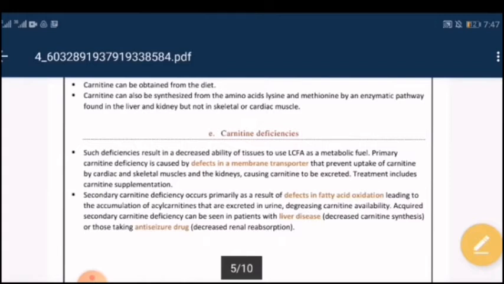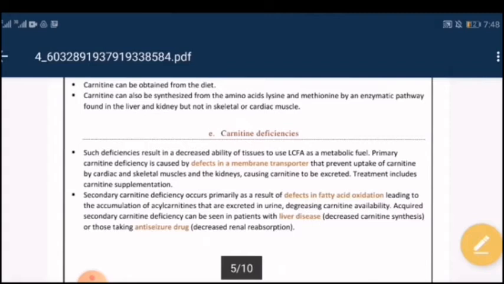Of course, the cell doesn't want this to happen, as it may lead to injury, so they are going to be excreted in the urine, unfortunately. I'm saying unfortunately because acylcarnitine is important for regeneration of carnitine, and this decreases carnitine availability.